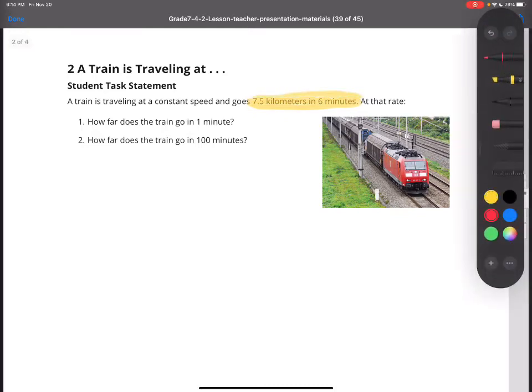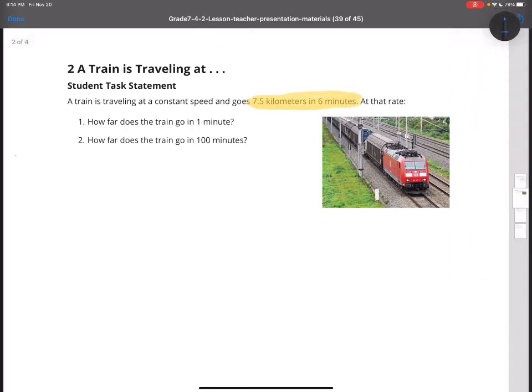The first method I'm going to show you guys is in ratio form. So I'm going to call this method the ratio method. What I'm going to do is take the fragment of the sentence and turn it into a ratio.